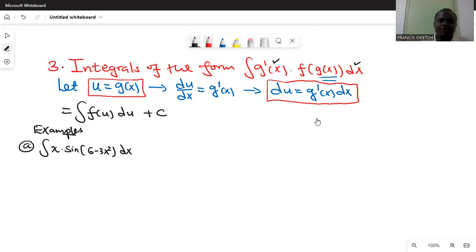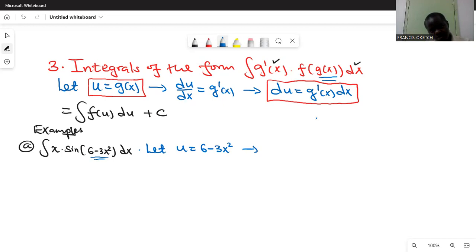So how do you go about this one? You start by saying let u be equal to 6 minus 3x squared.